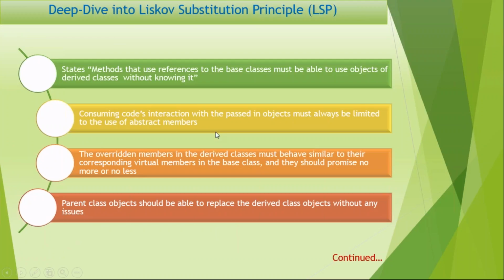The second point here is consuming code's interaction with the passed in objects must always be limited to the use of abstract members. That means in your button click, you might be consuming one method.